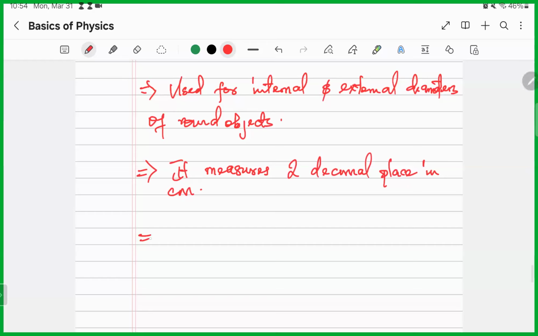So let's also state its accuracy. Its measurement should be plus or minus 0.01 centimeter. That's what we use here. So 0.01 centimeter is what we call the accuracy.